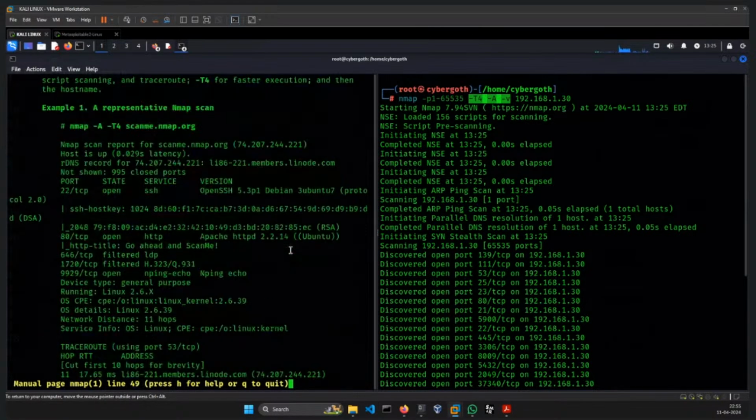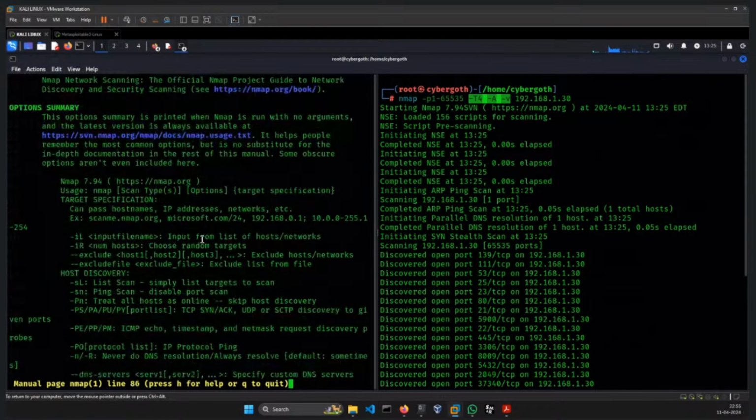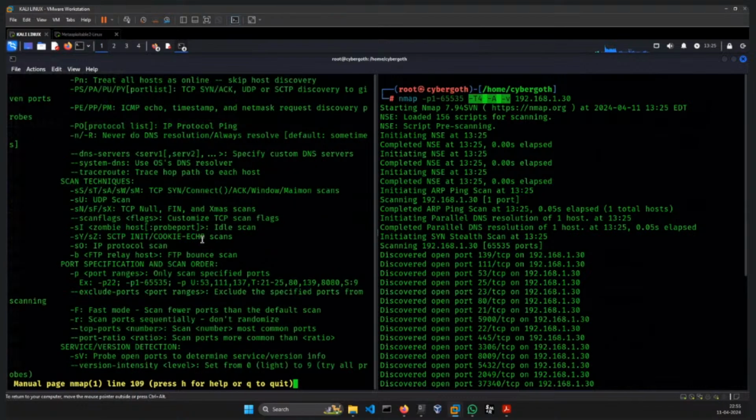Now if you go to see more details about this -A and -T4, can you guys tell me what is the significance of -T and -A?